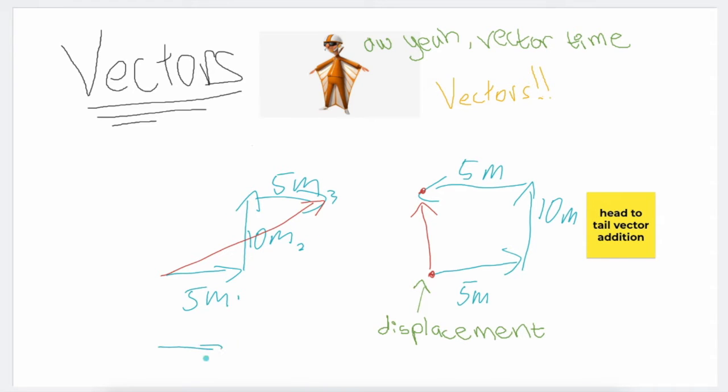You can line up 1 and 2, 1 and 3 like this. So this is 5 meters, 5 meters. This is 1, this is 3. And then you can put 10 meters like that. This 1, 2, 3 is just my way of telling you which of these it is. And so the final vector would be like that.